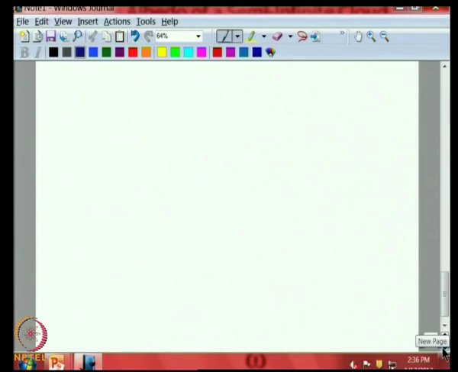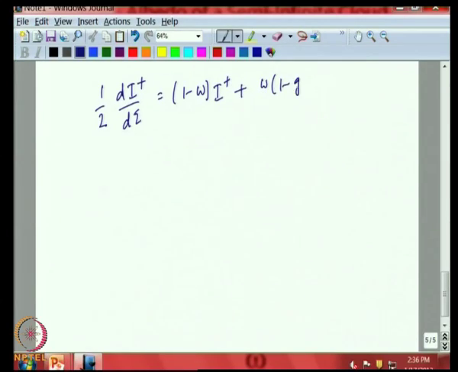Okay. So, we extend the result we just now derived to asymmetric scattering, and what asymmetric scattering does is only a minor modification to the basic equation. So, a basic equation now, assuming mu to be half, one minus omega I plus, and the big difference comes here. We have a g factor, which was missing in our previous derivation.